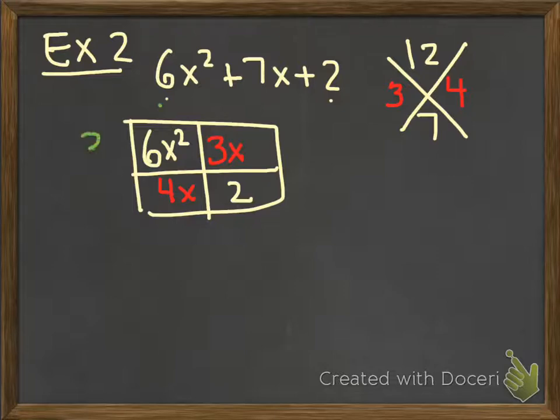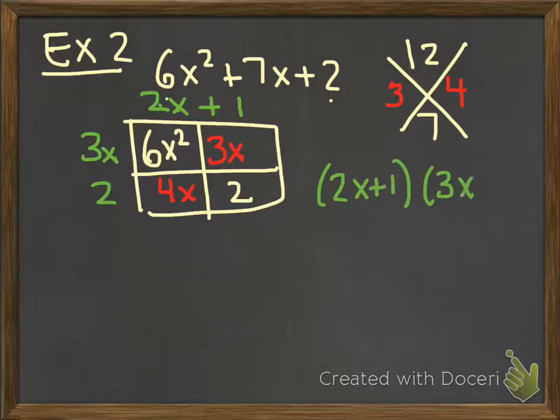It has to go here, because it can go into the 3x across the way. And this is 2x, because that can go into the 4. Okay, so 3x times what number gives me 3x? That's 1. 2x times what number gives me 4x? That's 2. So my product is 2x plus 1 times 3x plus 2.